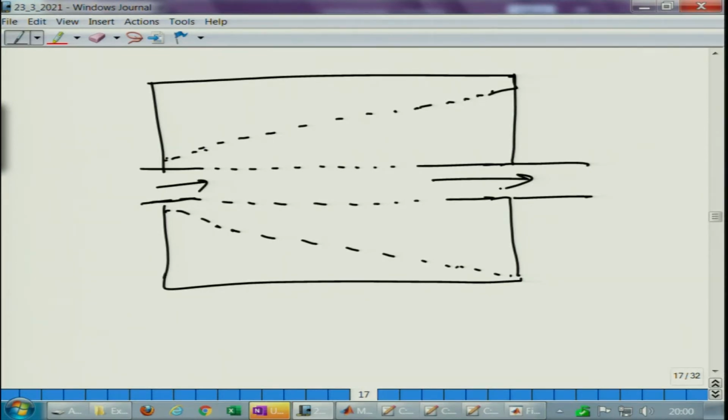Okay. So, you can have multiple interacting ducts with perforates, and one can analyze these kinds of things.